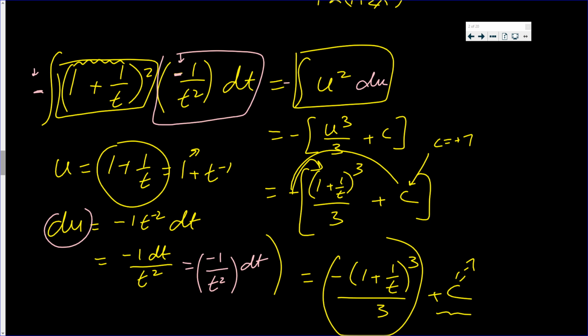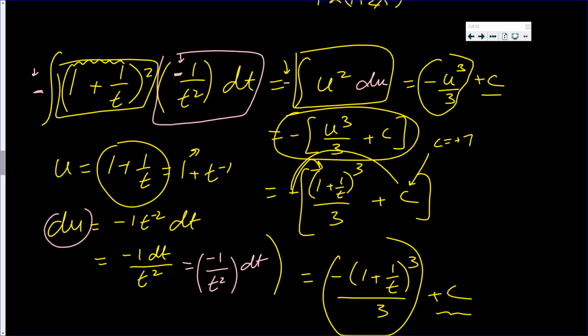So what I would do from right here is I would say it's negative u cubed over 3 plus c. Whatever answer you get, then say plus c. It'll never fail you. You don't have to have the plus c being associated with that negative sign like I did down here. But it's fine if you want to do that.